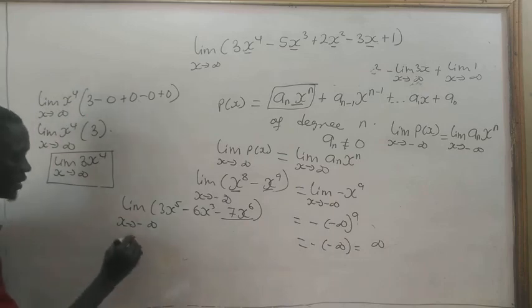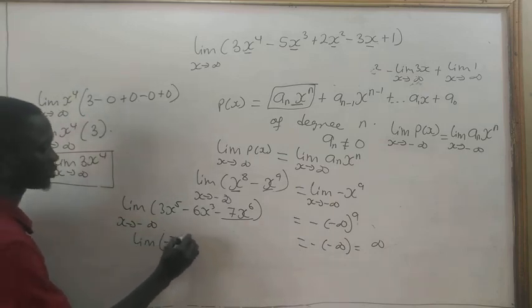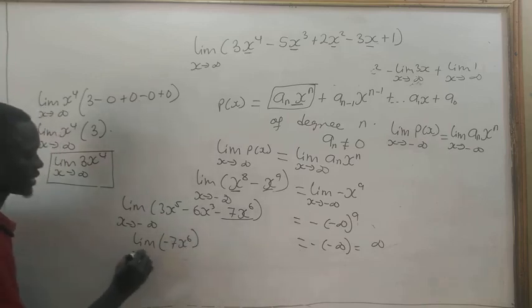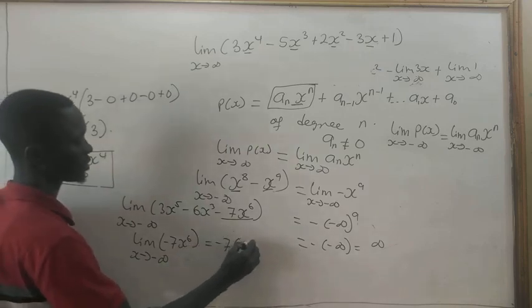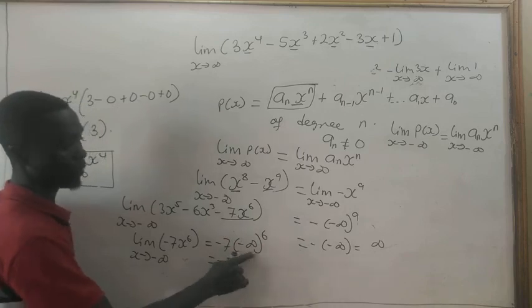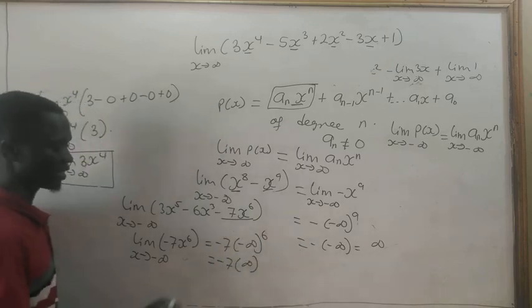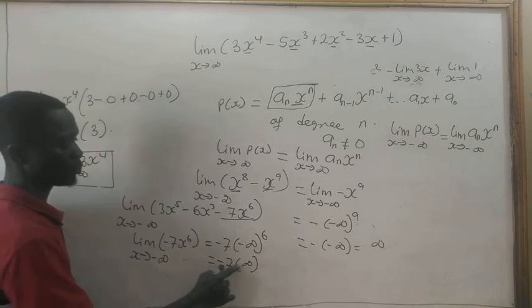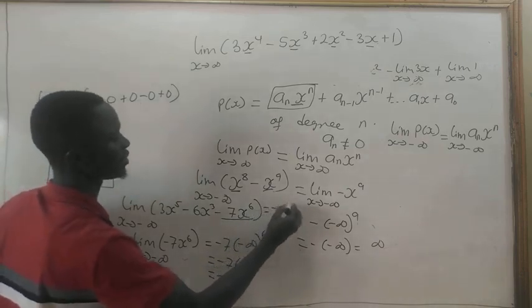So this is the same as the limit of minus 7x to the power 6 as x approaches negative infinity. This is minus 7 times minus infinity to the power 6. Minus infinity to the power 6 will give us positive infinity. Watch lesson 1. Minus times positive is minus. 7 times infinity will be infinity. So this one will approach negative infinity.